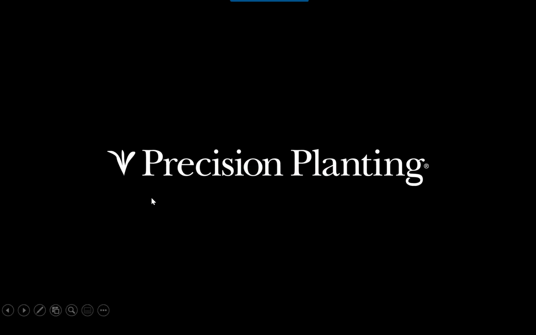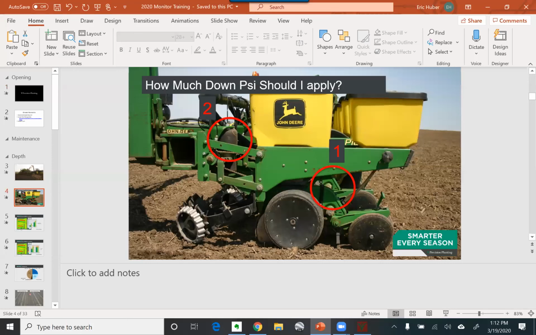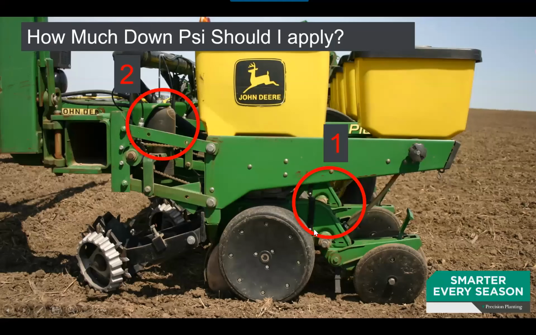So let's look at a picture here quickly just to make sure that we're all on the same page. You can see right down here, right behind the number 1 circle, here's your depth adjustment handle. That depth adjustment handle pivots on a 5/8 clevis on a Deere.